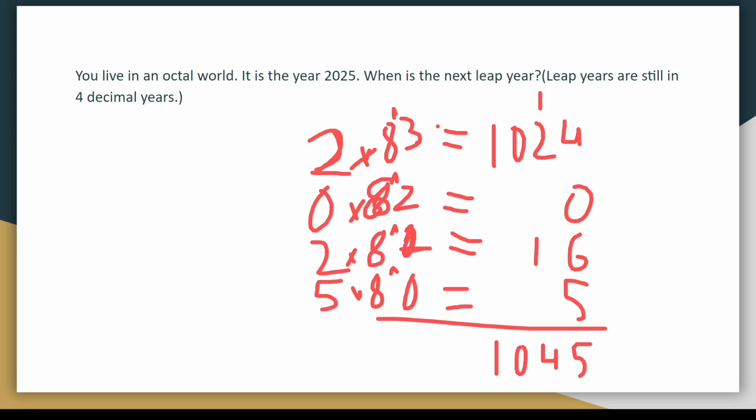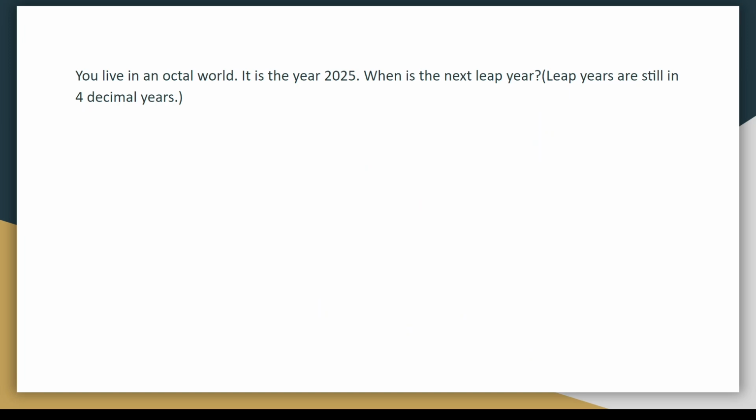So now we have to figure out when the next leap year is. Leap years are every 4 decimal years, so every 100 is divisible by 4, so we just have to see the next multiple of 4 after 45, which is 48, so it'll be 1048. And now we convert 1048 back to octal. Since you live in an octal world, you need to know the octal value of it.